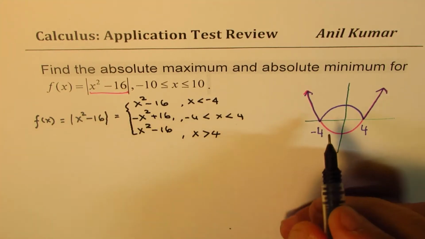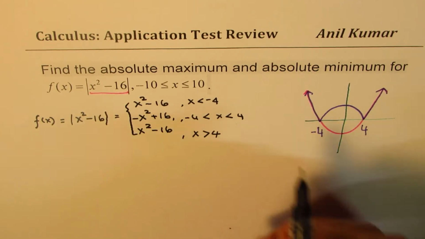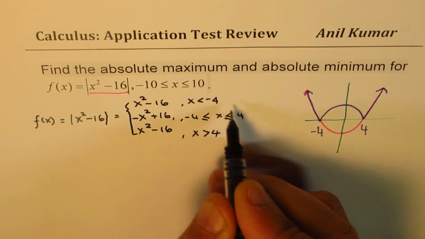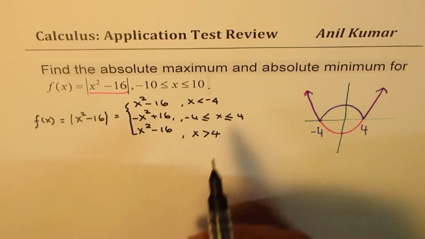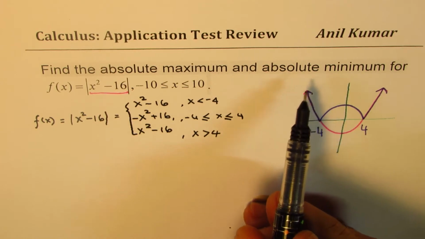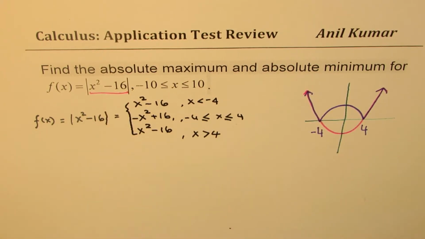Now the idea is you could include minus 4 in either of these intervals. So let me take it in the center part. So now the function is continuous in the whole domain. Do you see that? Now for finding the maximum or minimum, we need to find the derivative and find critical points.